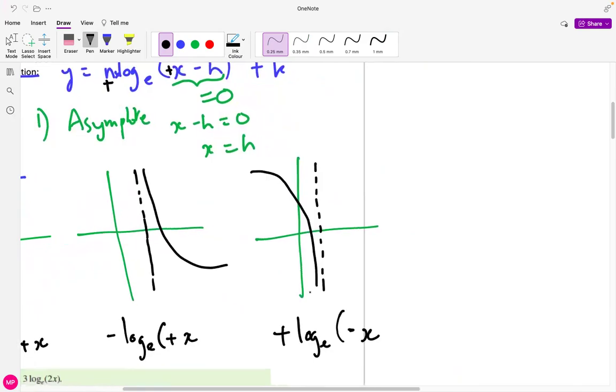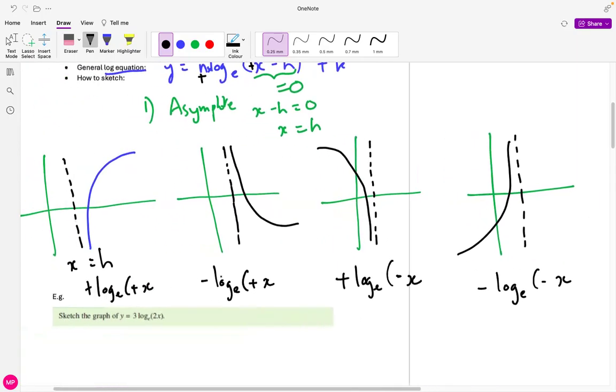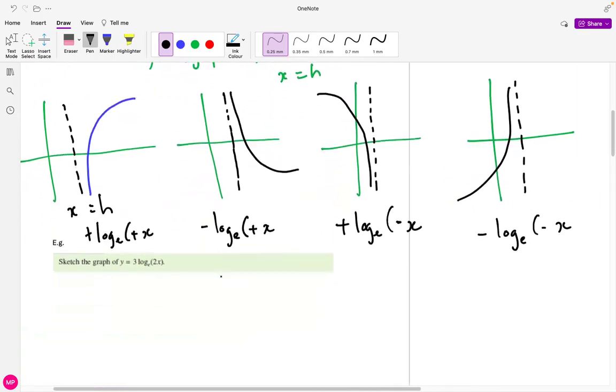Okay. And finally, if you have both reflections, so if I have negative and then I have negative, my shape will do a reflection in the x-axis and a reflection in the y-axis. It will look like this. So you have four different types of log graph.